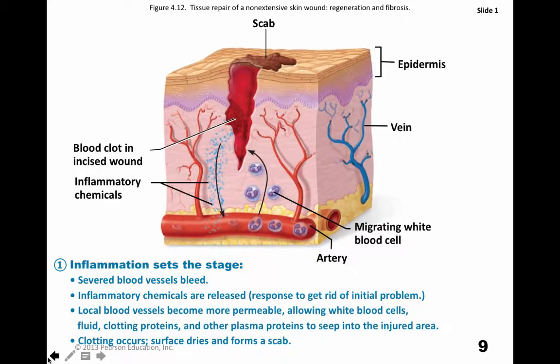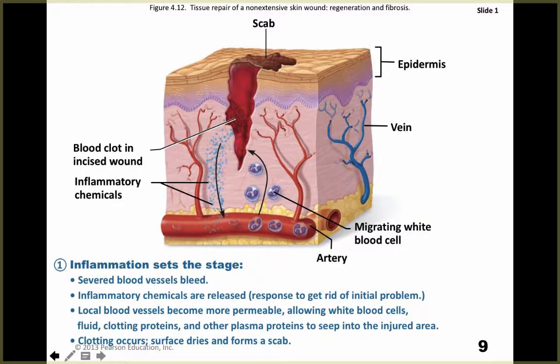If you look at this picture, what you're seeing right here is this damage happening, and this is in the skin. So basically, you want to stop any kind of bleeding that's happening right there.